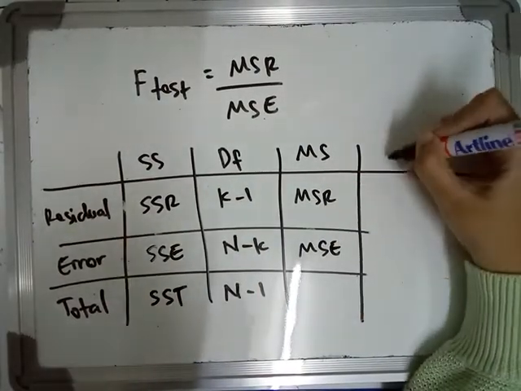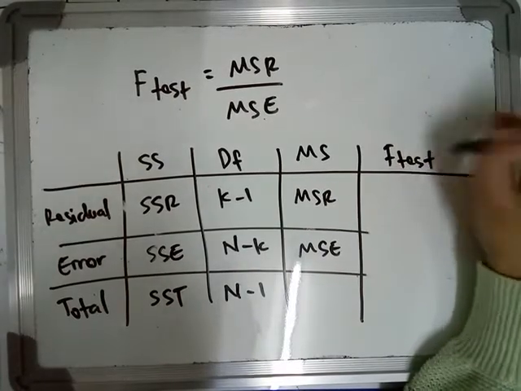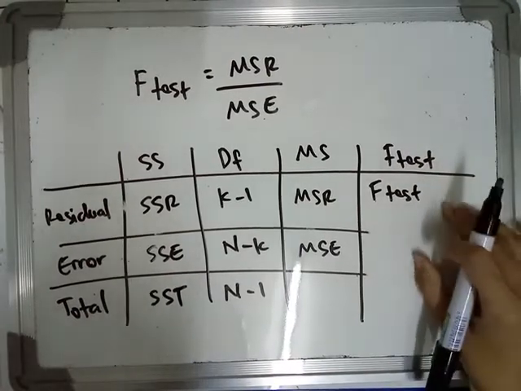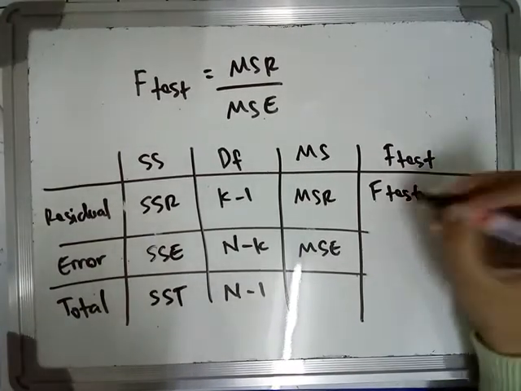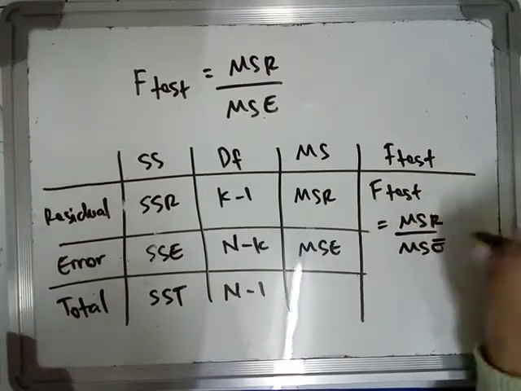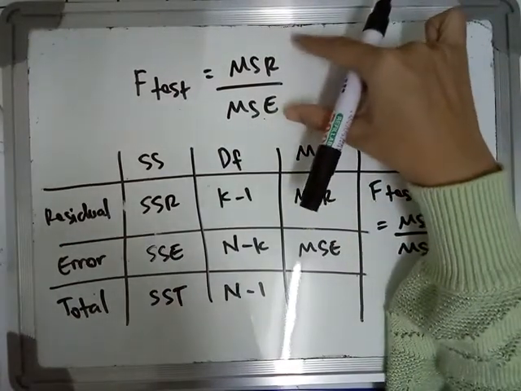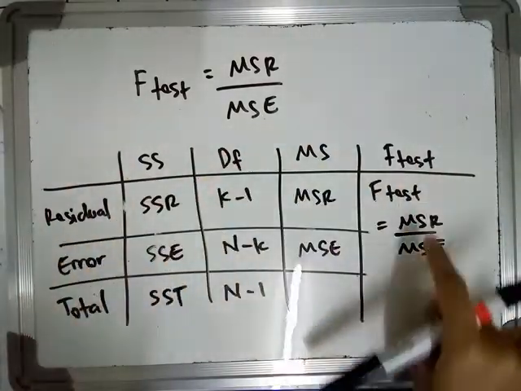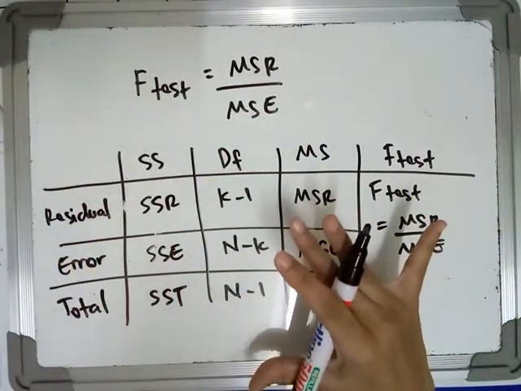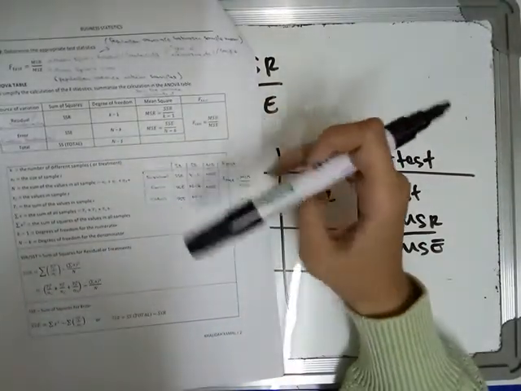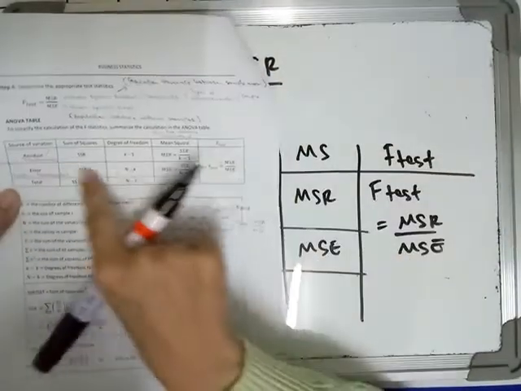And the last one is the F-test, which is the final step you need to calculate: F-test equals MSR divided by MSE. To calculate this, you need to use the ANOVA table, and I will explain how based on the example. These are the terms we use for the ANOVA table.